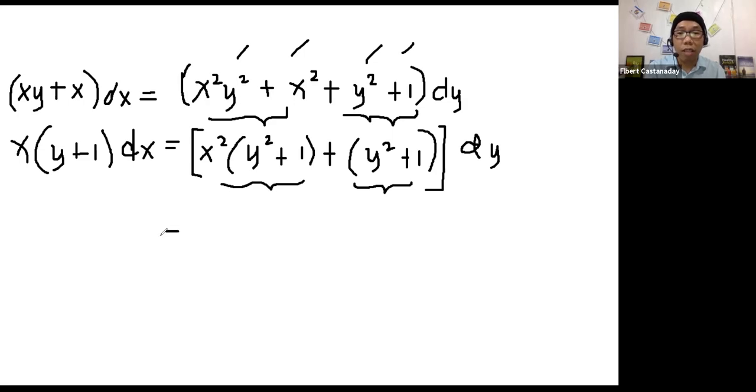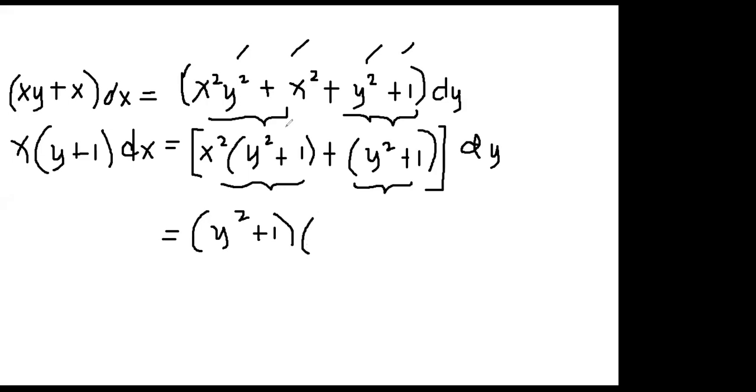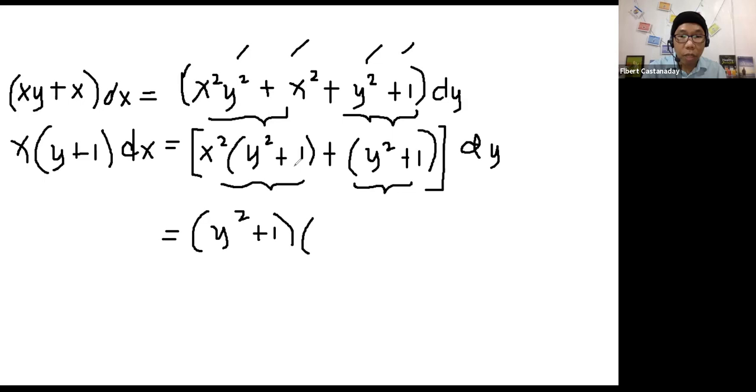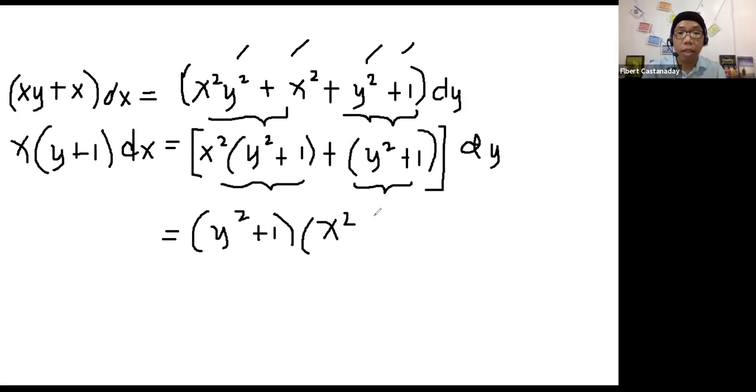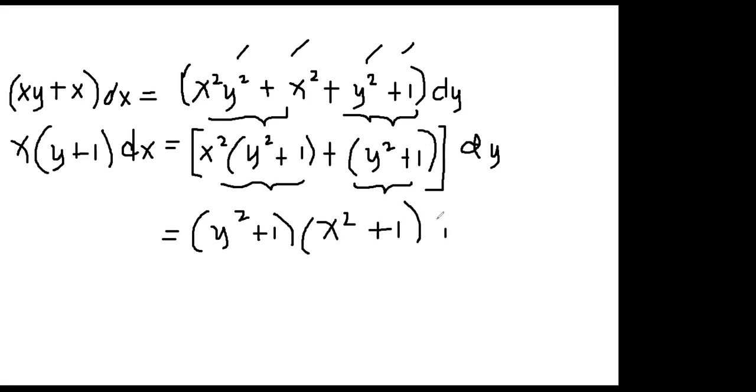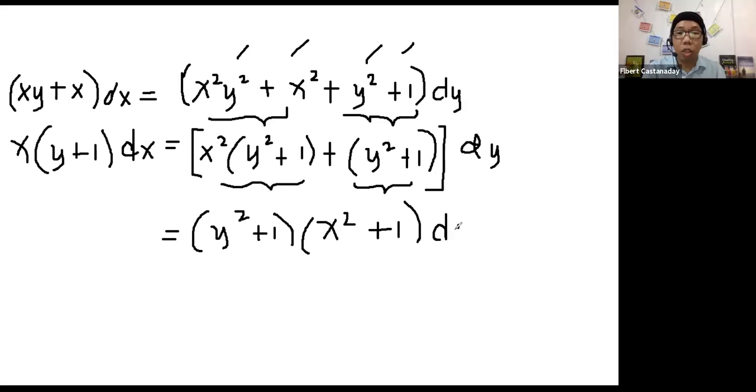So, you can factor out y squared plus 1. Follow? Yes, sir. Factoring that, anong matitira sa first term? If nilabas mo yung y squared plus 1, yung matitira is x squared. Yung second term, anong matitira dyan? Plus 1.